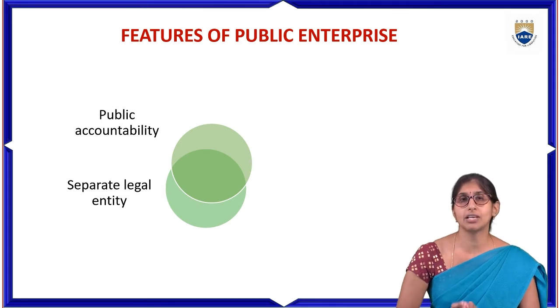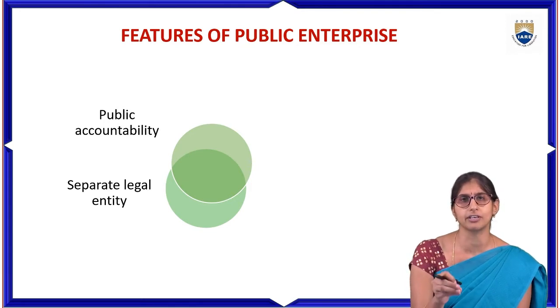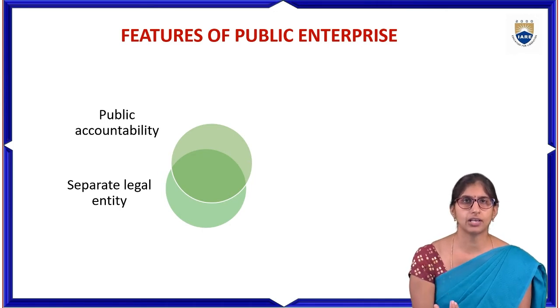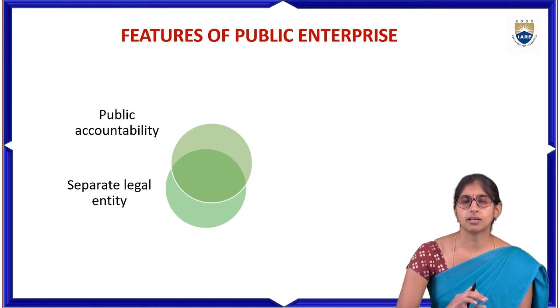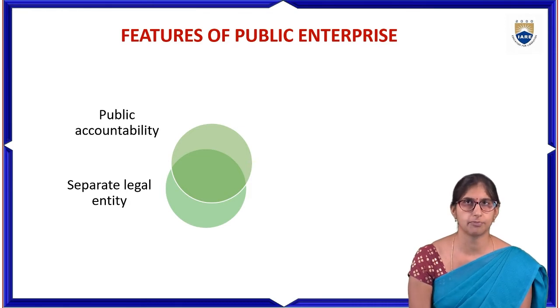They are going to have limited liability because they just invest. They are liable only to the extent of the investment they have made as share value. So if the share value comes down, the value of their share comes down. But the amount of money taken in the name of the company need not be paid by any of the shareholders of that public enterprise.